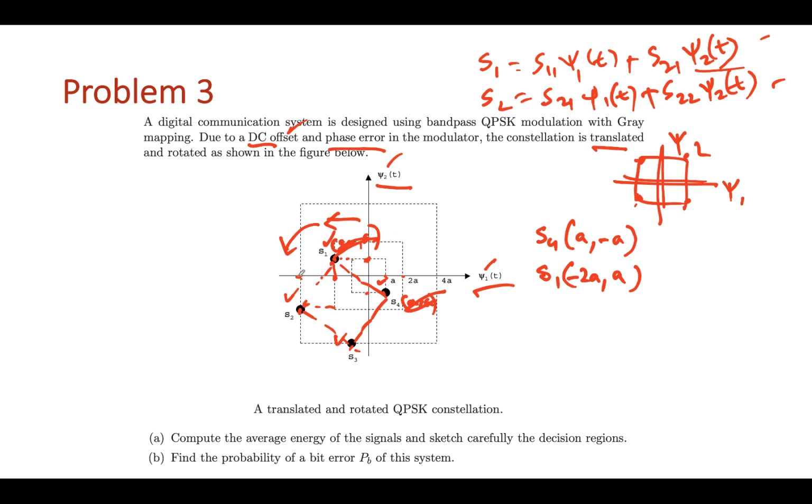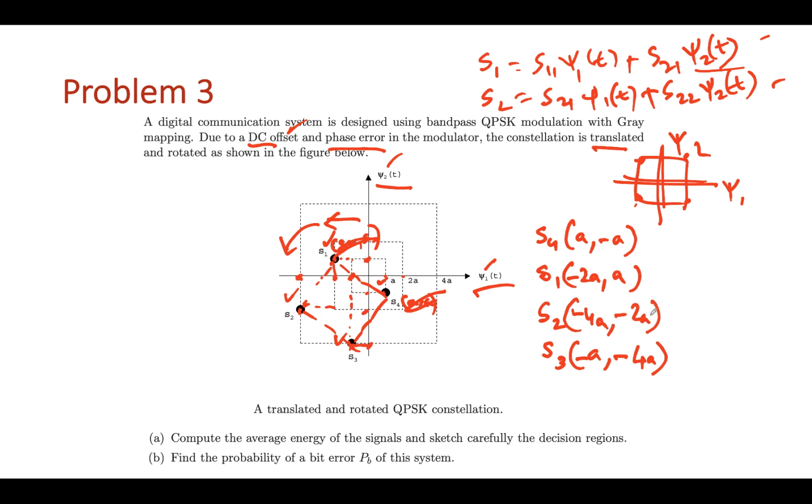S2 has a psi 1 coordinate of minus 4A and a psi 2 coordinate of minus twice A, and S3 is remaining, so S3 has a psi 1 coordinate of minus A and a psi 2 coordinate of minus 4A. So these are the coordinates of all the signals.